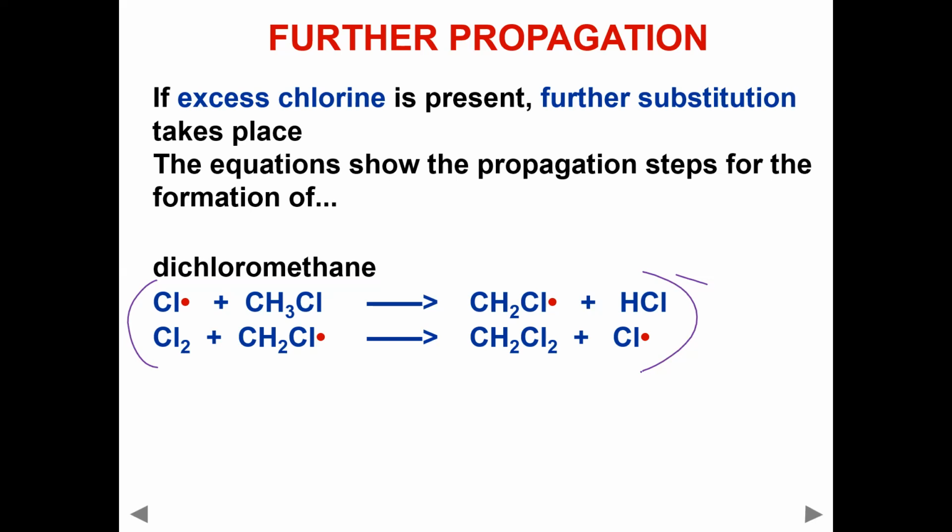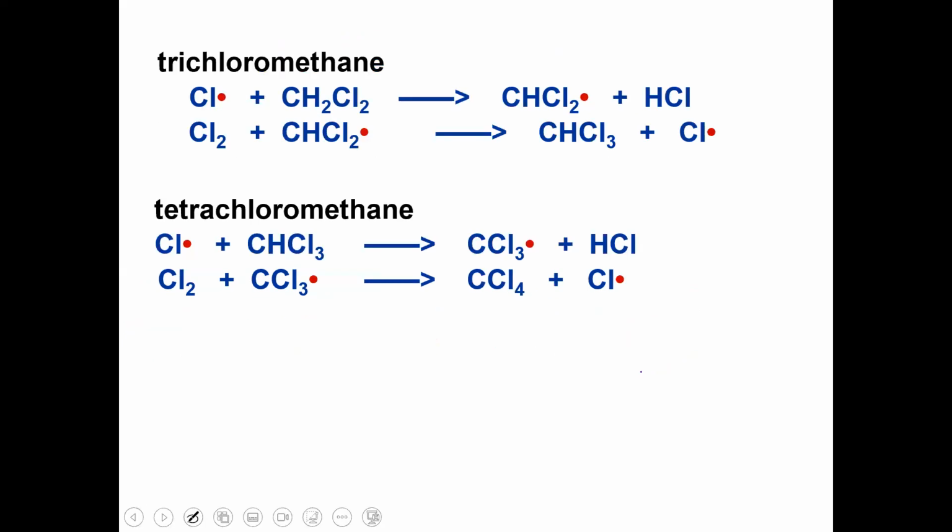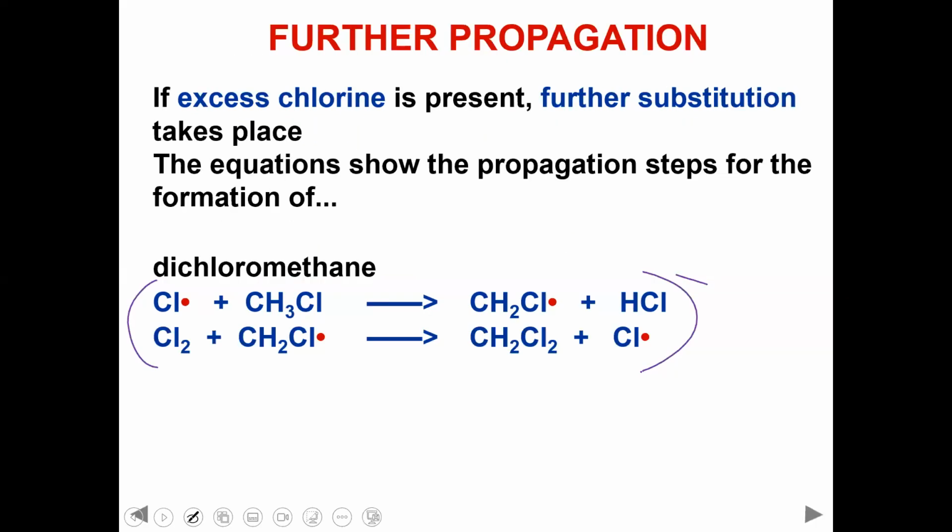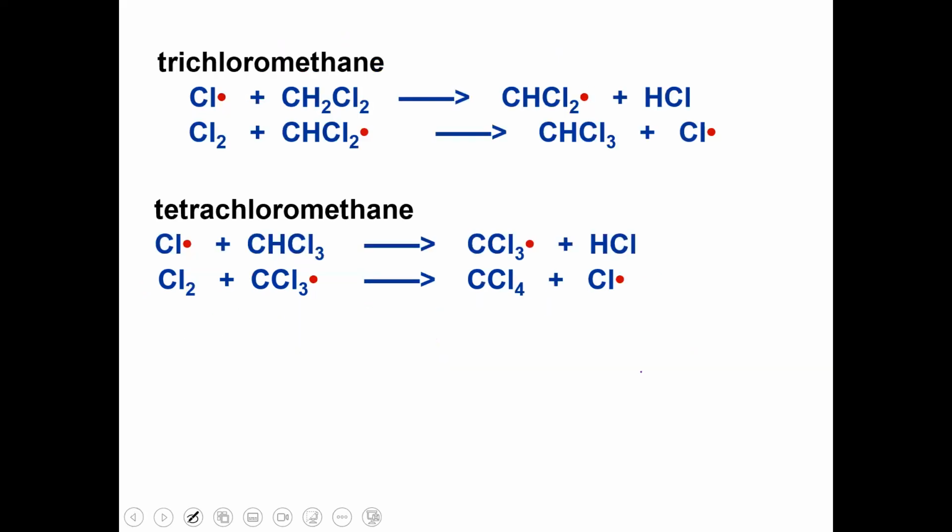Have you copied the two equations? Yeah, copied. Now, similarly, the process continues, and you can remember it in this way: it is the chlorine radical attacking the chloro product of methane, and one by one, all hydrogens are replaced.